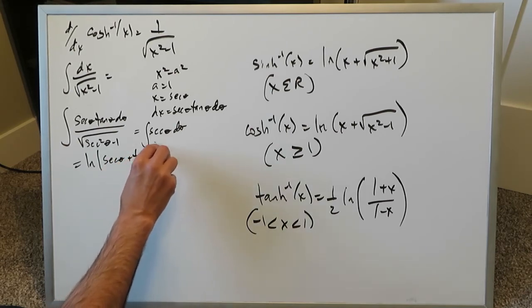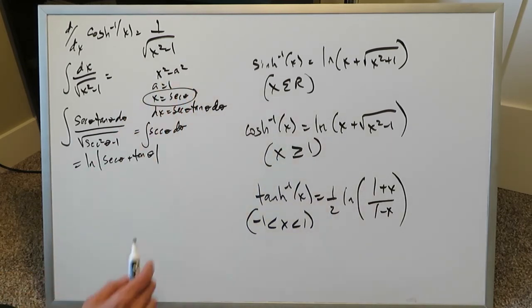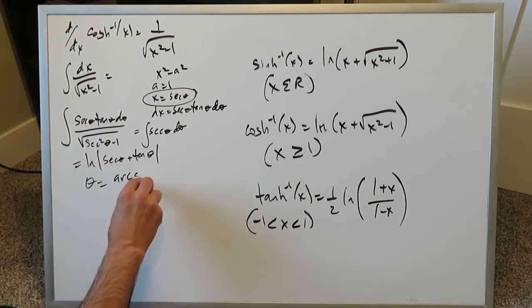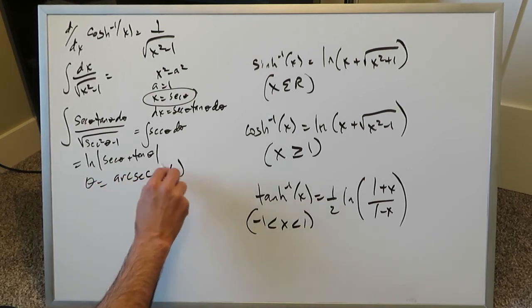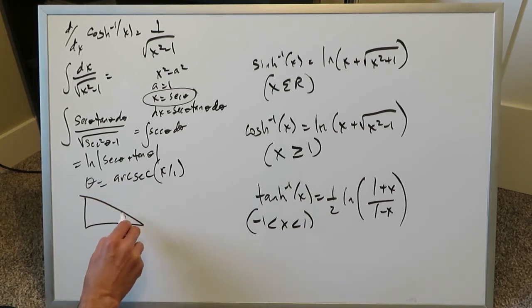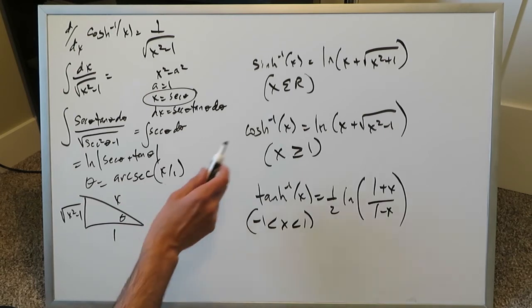The difference arises now as you examine this expression over here, x is equal to secant theta, and you solve for theta. Theta here is equal to arc secant x over 1, and you develop a triangle based on this, and this is where the difference will arise. Here's your theta, secant x over 1 is this, and then this must be x squared minus 1. You plug everything with regards to this theta into this triangle, and that'll give you your definition.